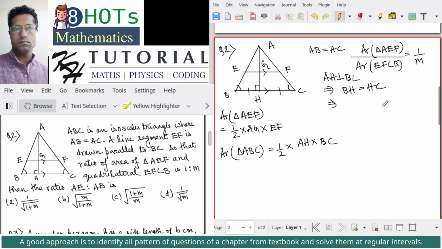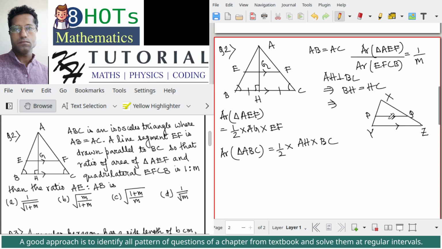Now, one concept regarding a triangle: if you have any triangle, let's say XYZ, and you draw a line parallel to the side YZ anywhere, let's say PQ, then triangles XPQ and XYZ will be similar, not congruent.